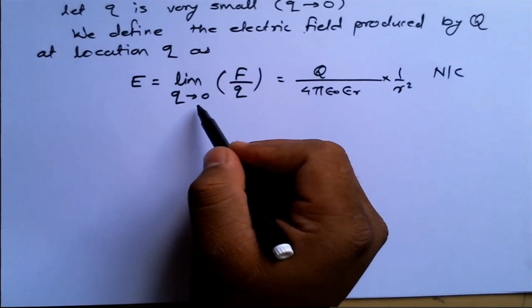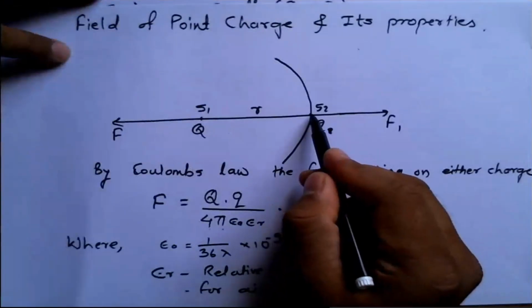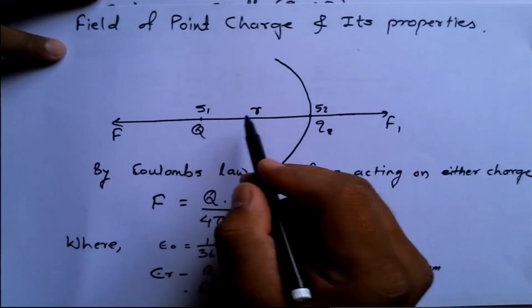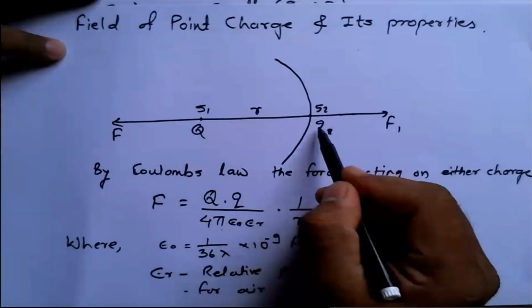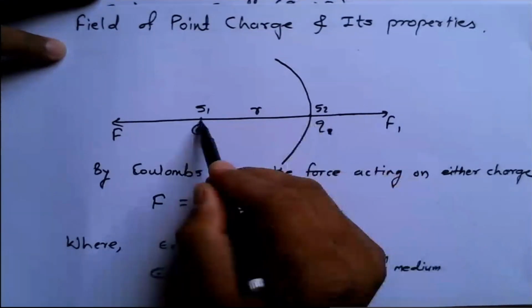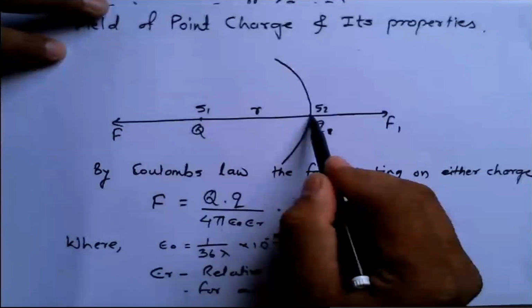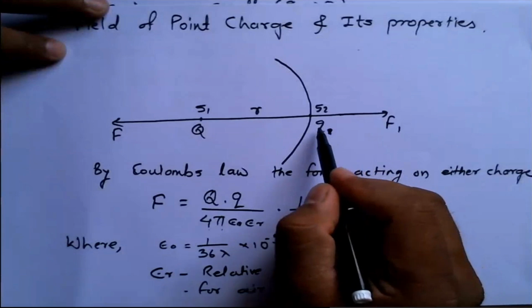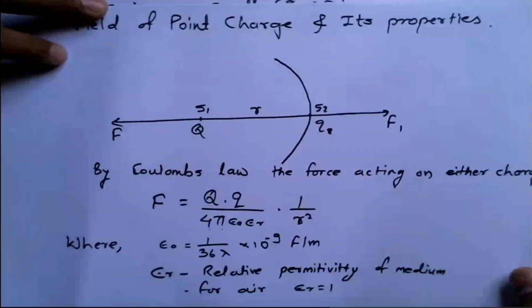Because we are going to calculate the electric field at this particular point due to charge positive Q. If this small charge q is not 0, it will disturb the field produced by capital Q. To avoid this, we only calculate the field due to Q, not this small q. That is why we made it tend to 0, and in that case we calculated only the field due to Q.